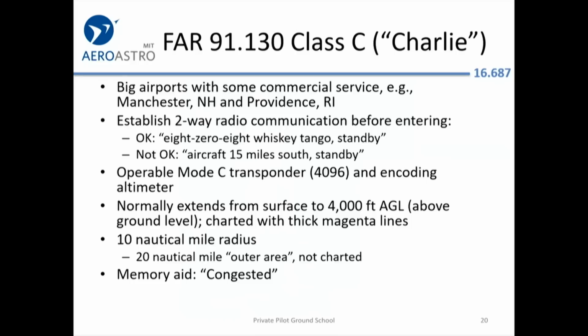And so you actually have to say what your tail number is. So in this example, 808 Whiskey Tango. But if you just say, I'm an aircraft 5 miles to the south, they don't know you, they haven't identified you in particular, so that doesn't count as establishing the two-way communication. But once you have established two-way communication with the controller, you can enter without a specific clearance to enter the Class Charlie airspace.